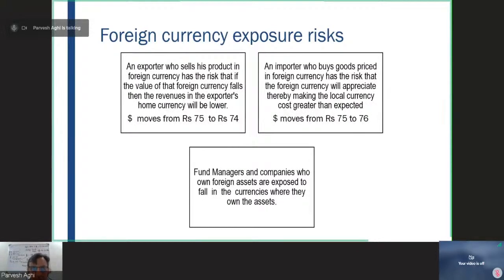Suppose you have taken loans from abroad. If the dollar moves from 75 to 76, your loan will become more. You have to return more money to the lender. So all these people are exposed to foreign currency. These are foreign currency risks associated with the market.